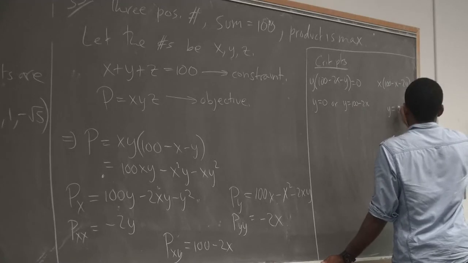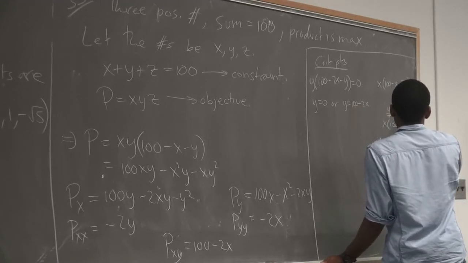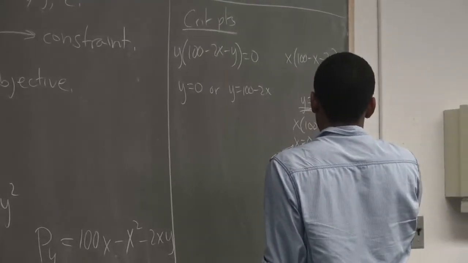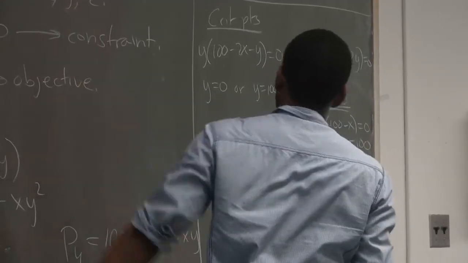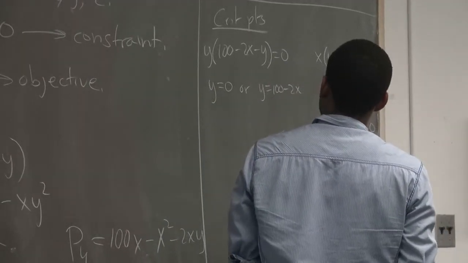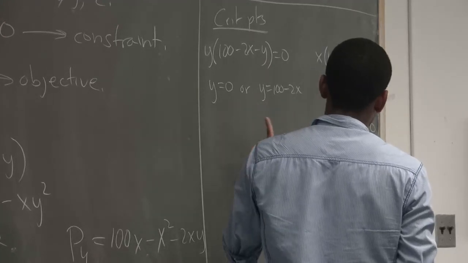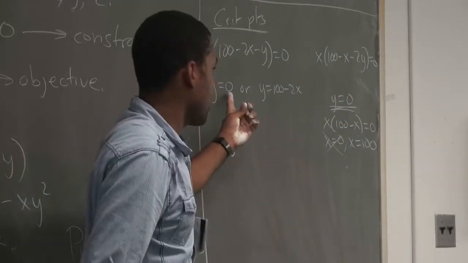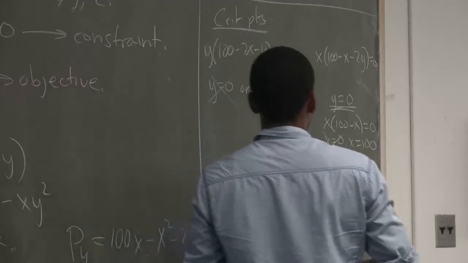Here if y equals 0, I would end up with x times (100 minus x) equal to 0, which means x equals 0 or x equals 100. Immediately reject 0 because I want positive numbers. You can reject both of them because y also has to be positive. We didn't even have to do y equals 0 because 0 is not positive, so I didn't have to check that.